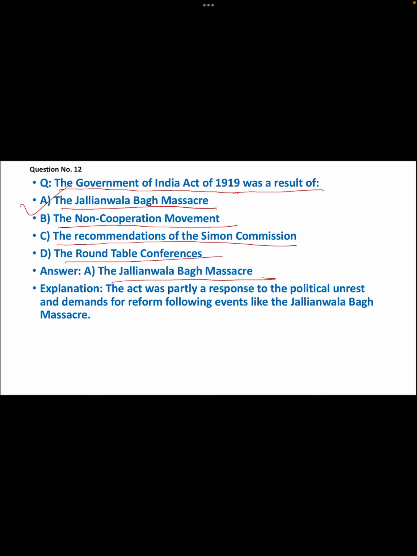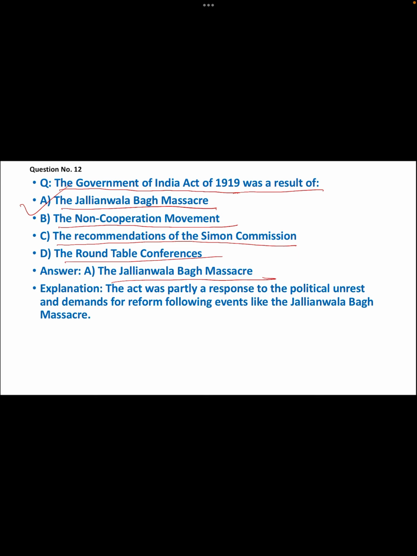The British troops actually fired on a large crowd at Jallianwala Bagh in Amritsar, in Punjab, and it was General Dyer who ordered them to fire on the crowd. So many people actually died.